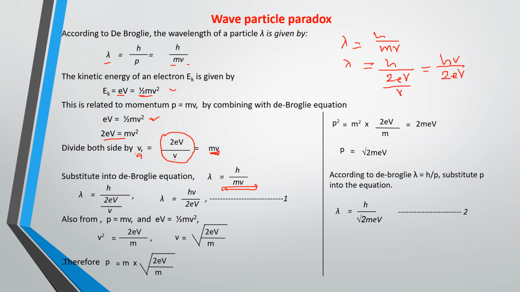So this equation, we can take it as equation 1 when we are talking about the wave particle paradox. In case you are given the task to find the wavelength, and you are given the Planck constant, velocity and electron volt, you can easily use this equation to find the wavelength. This is very, very important, and I want you to take note of it.